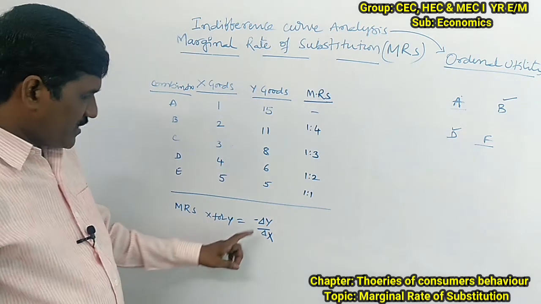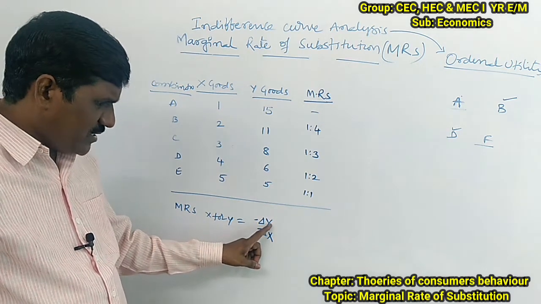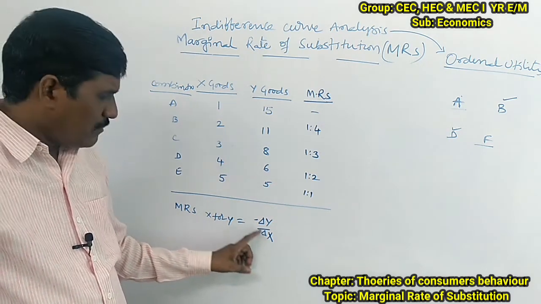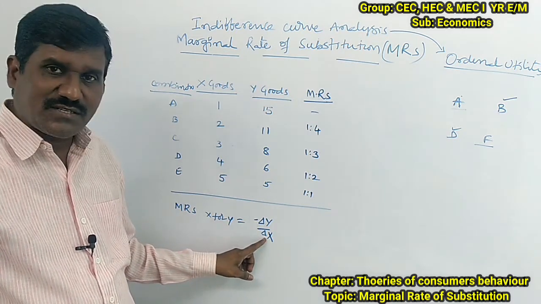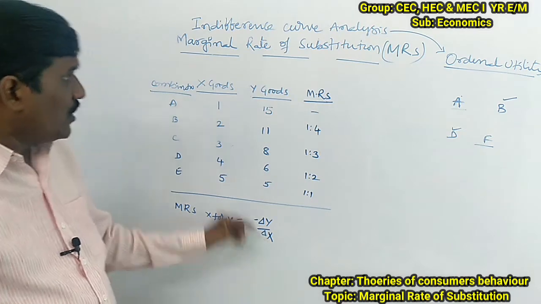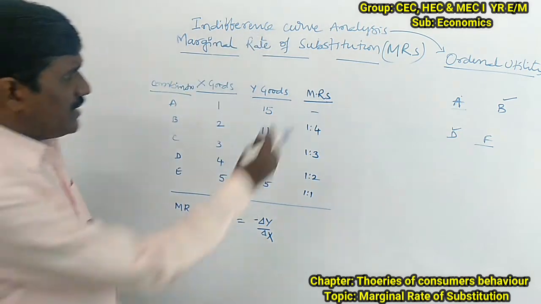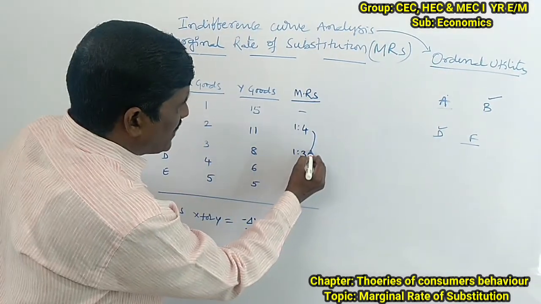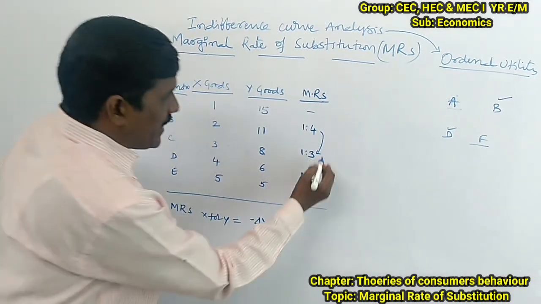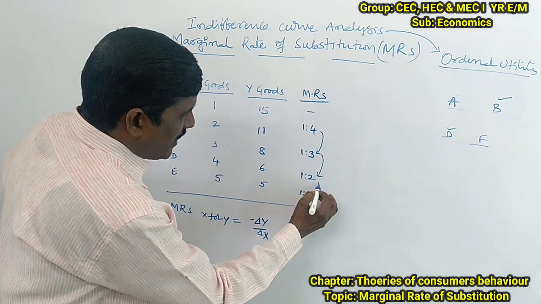Minus delta y means y changes and x also changes, but y is decreasing while delta x is increasing. So this is a marginal rate. Marginal means additional. The first is 4, then the marginal is 3, then 2, then 1.